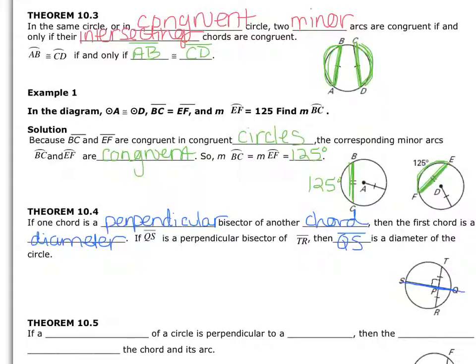Do you see how you don't know QS technically is the diameter because there's no center of the circle for it to go through? However, if you have these other two properties, that it's perpendicular, so you see the 90-degree angle, and then you see that QS is cutting TR in half so that TP is congruent to PR, then you can conclude that QS is the diameter.